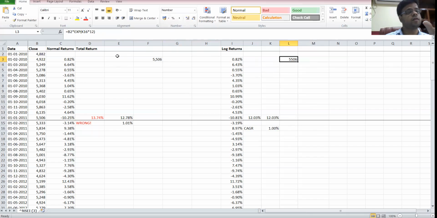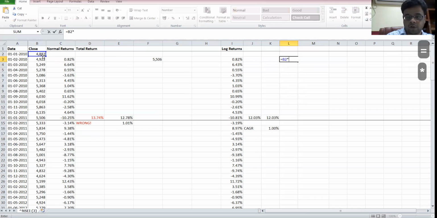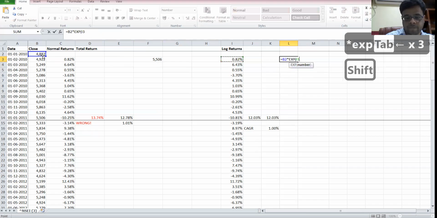So this thing is a little less intuitive because every time I want to calculate my return, I have to use the exponential formula. So to get from 4882 to 4922 using a log return, I'll always have to use the exponential formula. This is something we'll need to remember.